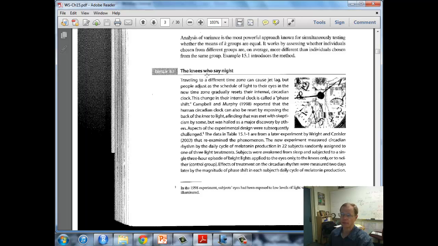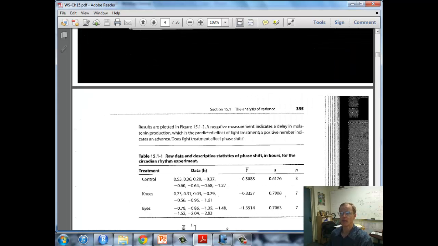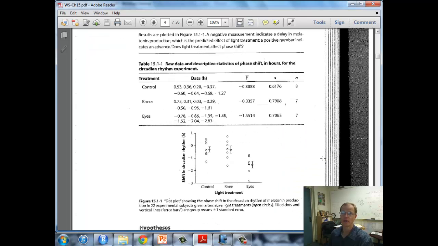Now, it's the knees who say night. We won't read the whole thing, but the idea is that they wanted to test people's circadian rhythms. An experiment was designed with 22 subjects. They were broken into 3 groups. There was a control group who didn't receive any treatment.